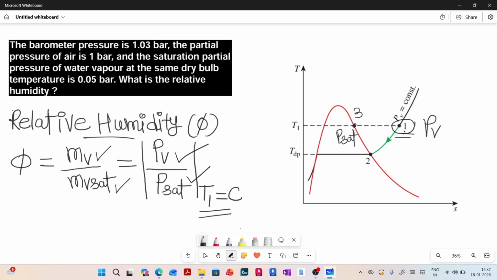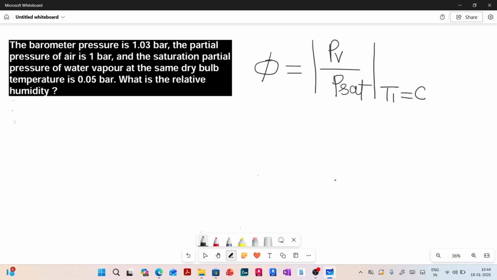And both condition 1 and condition 3 are at temperature T1. So to determine relative humidity, we require two pressures. One is PV, one is saturation pressure Psat.